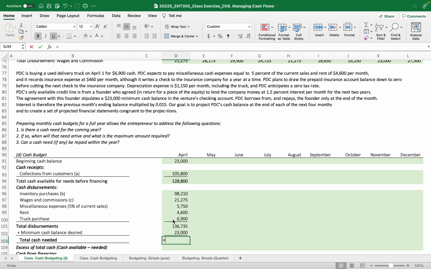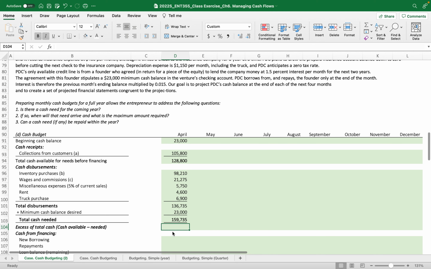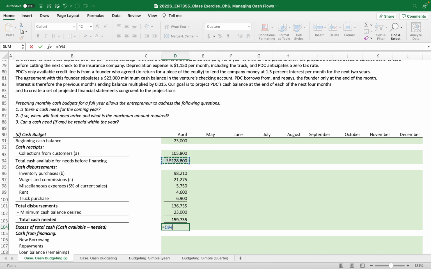Total cash needed is the sum of these two. It is 159, which is greater than the cash available for needs before financing, right? So the excess total cash is not actually excess, but a shortage of cash, the 30,900.